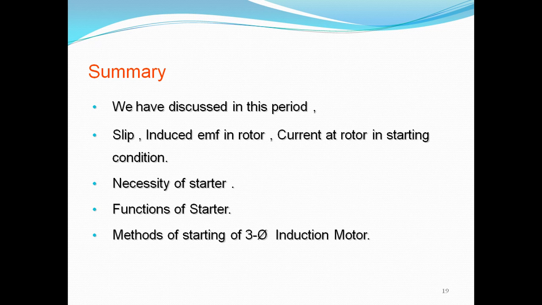And the speed increases. As the motor speed increases, we gradually reduce the external resistance. So when the motor reaches 80 to 90% of the speed, all the external resistance is gradually removed and the motor runs as a normal motor.